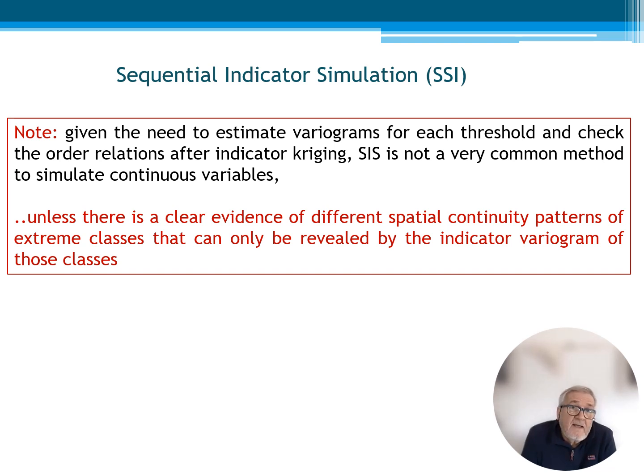Unless there is a particular situation where SIS, sequential indicator simulation, is highly recommended: when there is clear evidence of different spatial continuity patterns of extreme classes that can only be revealed by indicator variograms of those classes. In this case, the SIS can be recommended.